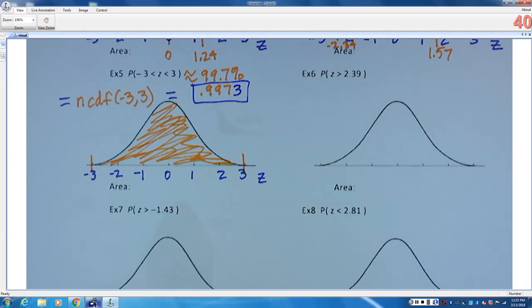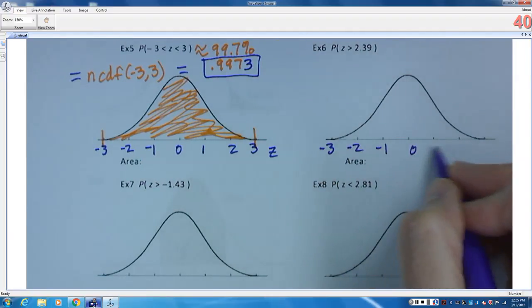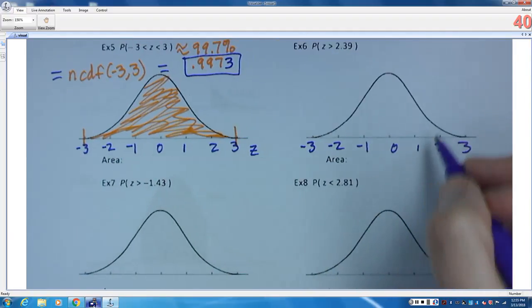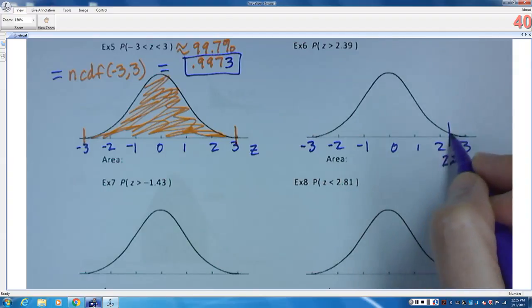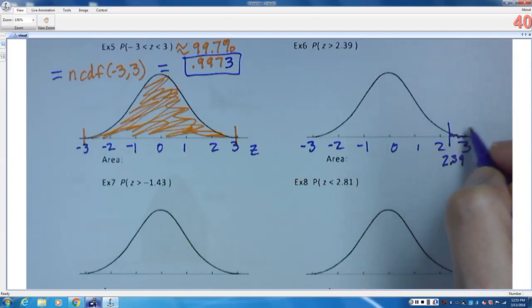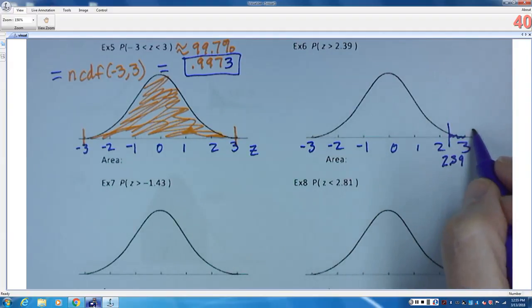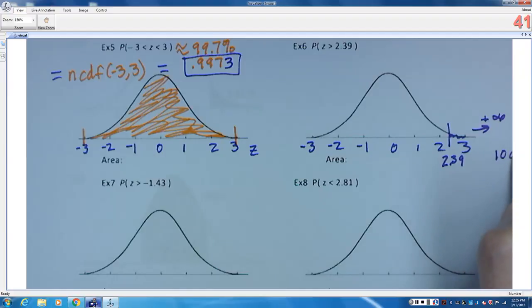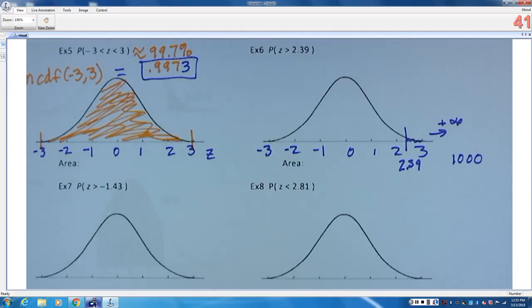Okay, and then what do we do for greater than? So again, we mark off our axis. Greater than 2.39, 2.39 is this tiny area. It better be tiny. We're going to go from 2.39 to positive infinity, or a large number like 1,000. Some people use 1E99 for that.